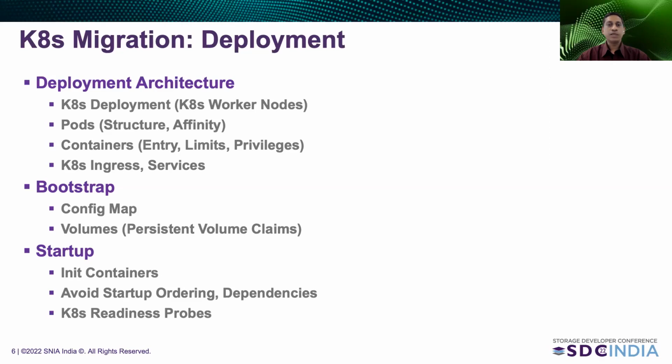Depending on your application behavior, you may decide to choose one of the options for each pod type. You also need to define interfaces between the pods in the form of Kubernetes services such as ingress, node port, etc. Another important thing is to define the entry point for each container. Kubernetes uses the entry point to start your application services.